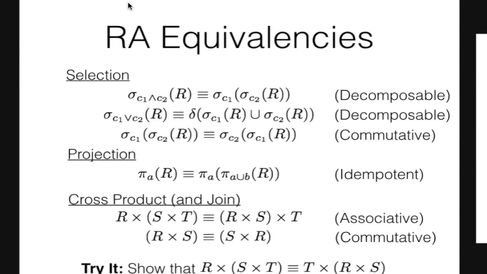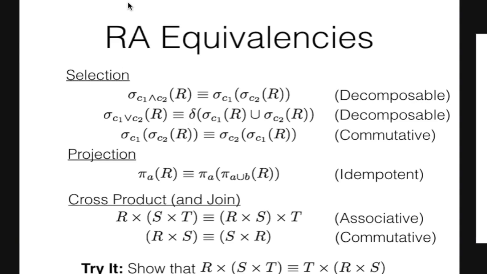Now, relational algebra is nice and simple, and that simplicity allows us to define some properties. Question. Has anyone taken algebra? And I don't mean like high school algebra, x equals y plus 2. I mean like serious algebra, set theory, rings, semi-rings. Two people, okay.